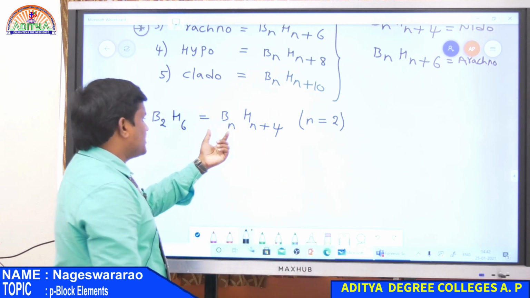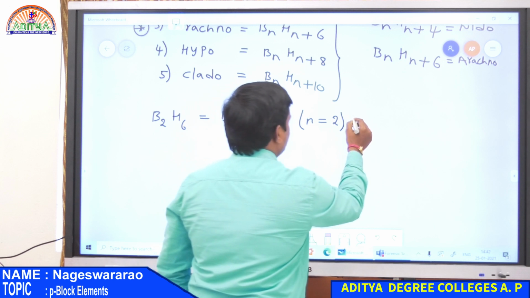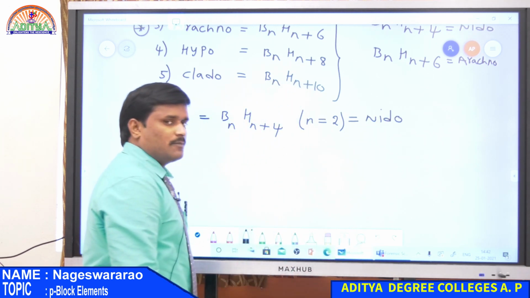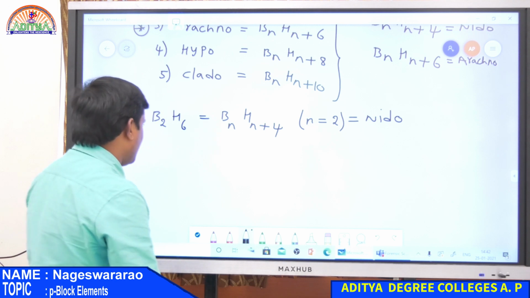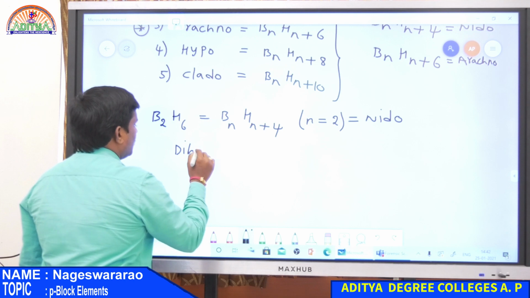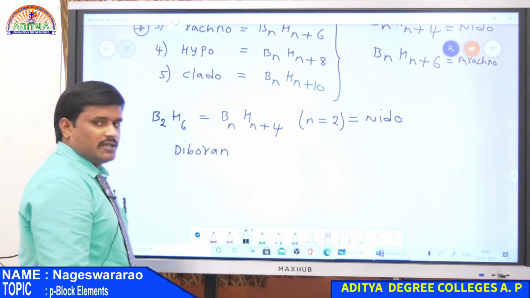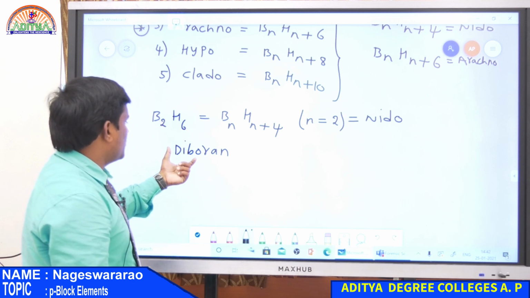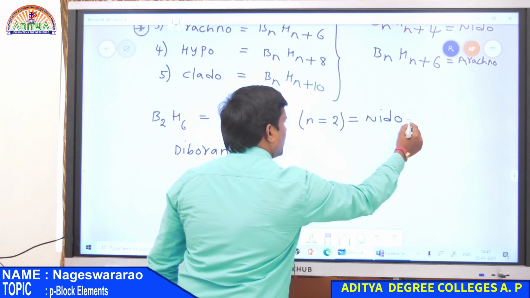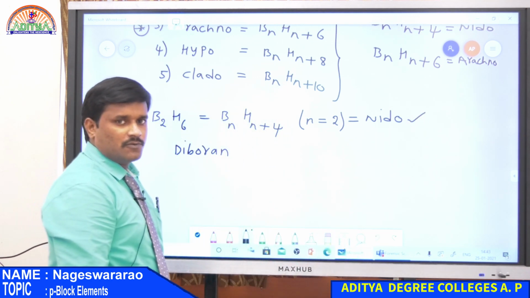Therefore, it has the general formula BnHn+4. That is why this is the example for nidoborane. And this type of borane is known as diborane. Di means 2, so here 2 boron atoms are there. Therefore, diborane is a nidoborane because it has the general formula BnHn+4.